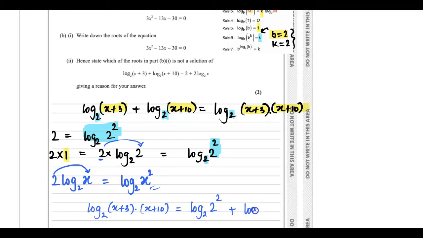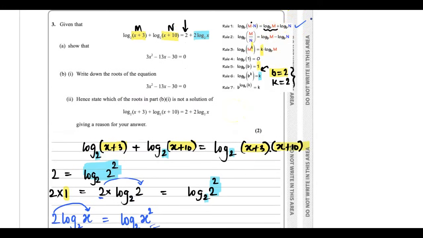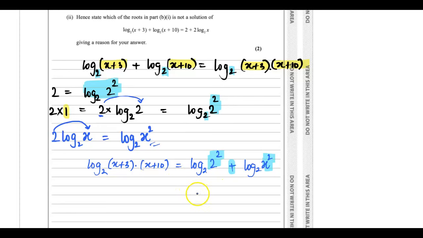So that would be log x squared base 2. Again, what we're going to be doing over here? We are adding them up. Yes, the same thing. We have to use the first formula. So can we write it as log 2 to the power 2 times x to the power 2 base 2, and it is equal to log x plus 3 times x plus 10 base 2.